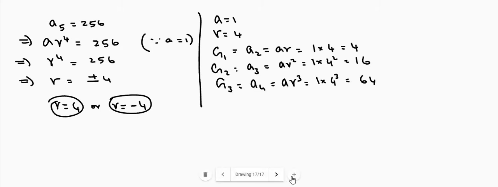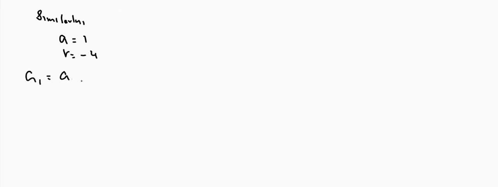Next, when A is equal to 1 and R is equal to minus 4, same procedure. G1, the second term, equals AR. We get 1 into minus 4 equal to minus 4.